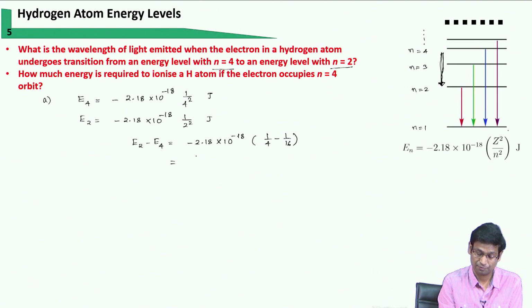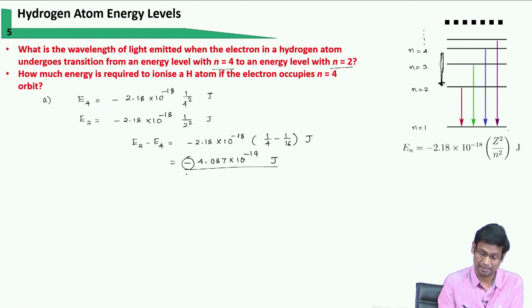When you do this, it comes out to be 3 divided by 16, and when you multiply, you get minus 4.087 into 10 to the power minus 19 joules. This is the emission energy. What is this minus sign doing here? It simply says that this is the energy that is being emitted, not absorbed.